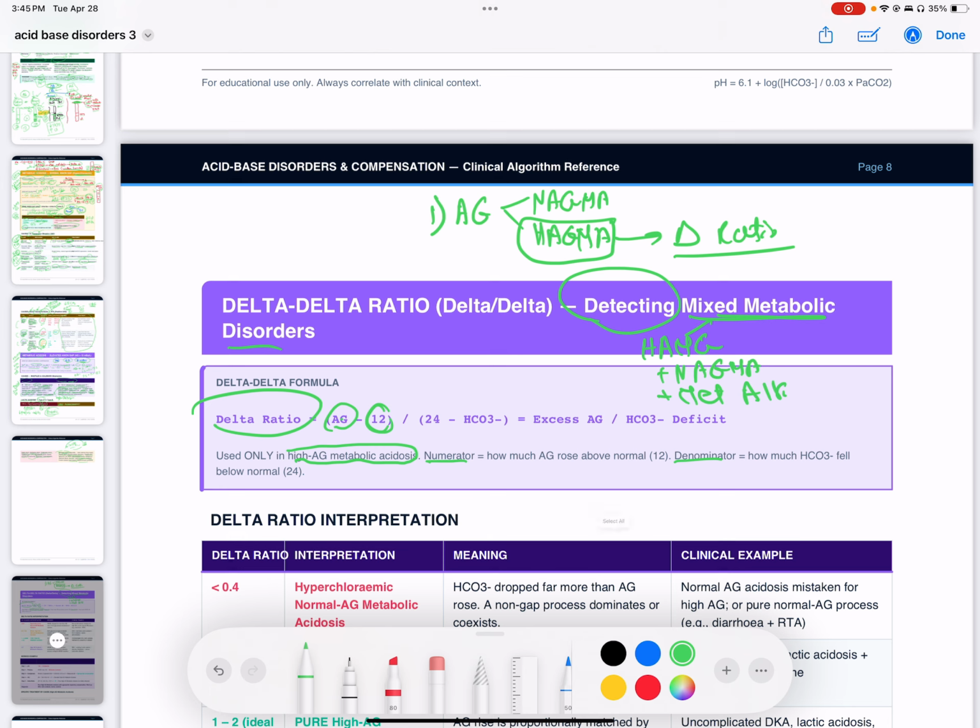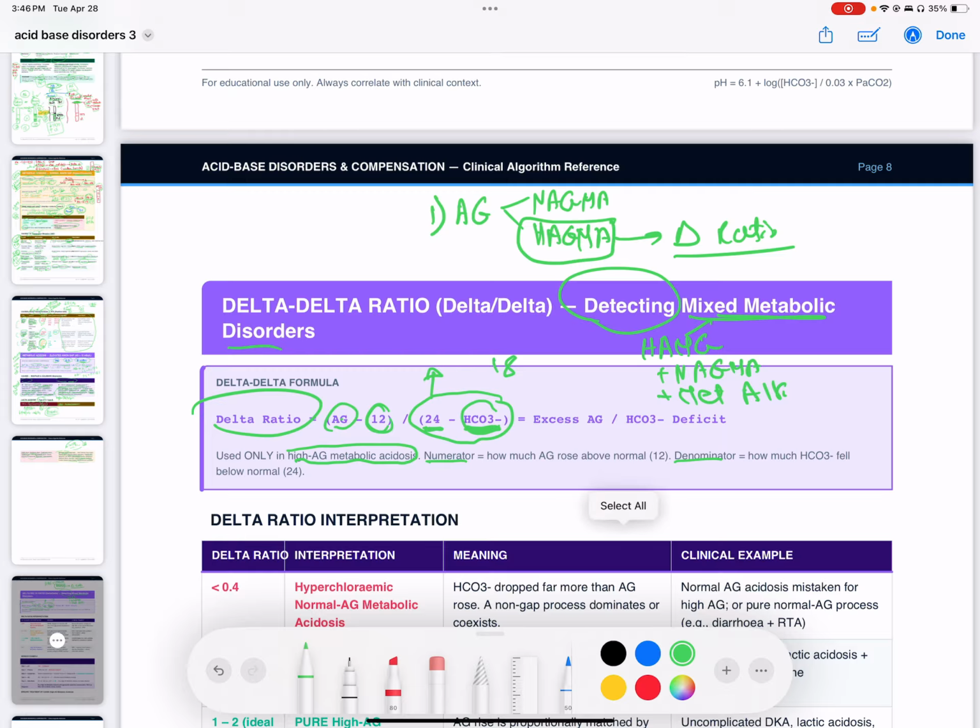Then over 24 minus the bicarb. We know we have metabolic acidosis, so the bicarb here will always be less than 24. And this number will be higher if the bicarb is lower. For example, let's say the bicarb is 18.